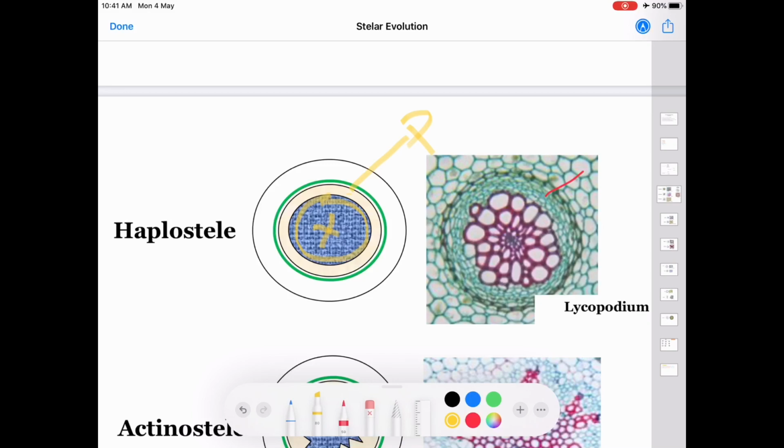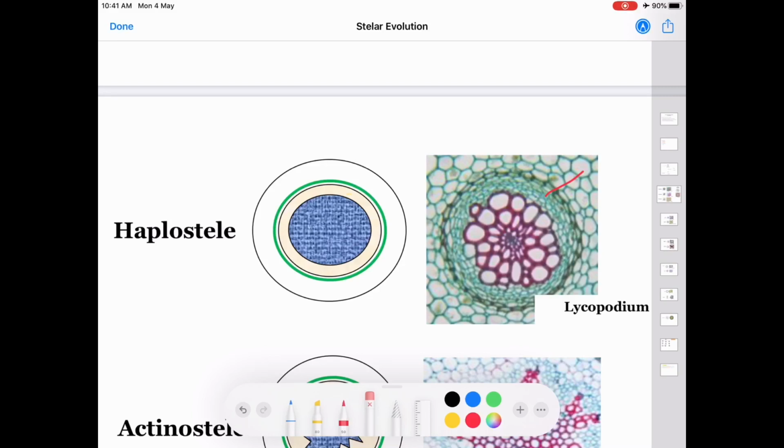But here the xylem is with a smooth wall. Look at the picture. The xylem is smooth. And this type of stele is known as the haplostele.